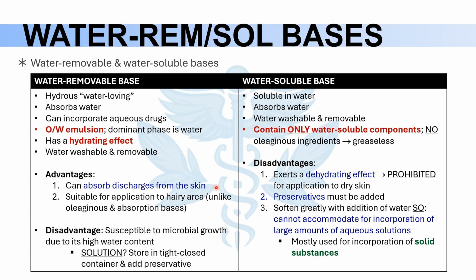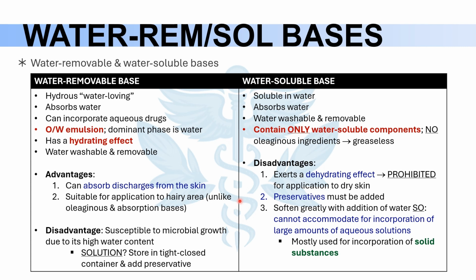The advantages of water removable bases is that they can absorb discharges from the skin. So in a patient with certain discharges which must be removed, we can prescribe for him an ointment with a water removable base. And it is also suitable for application to hairy areas, unlike oleaginous and absorption bases, because oleaginous and absorption bases were fatty.